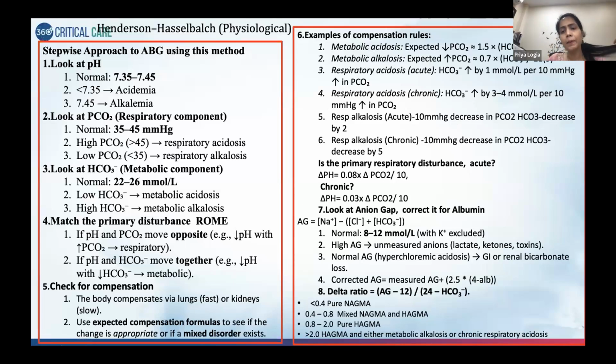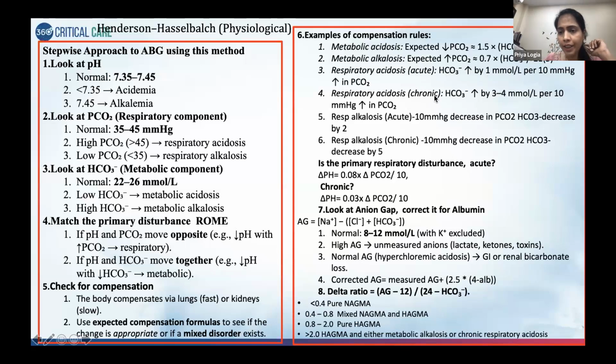If it's a respiratory acidosis, whether it's acute or chronic, the compensation will be different. In the acute scenario, for every 10 mmHg increase in the PCO2 above 40, your bicarbonate will increase by 1 millimole.